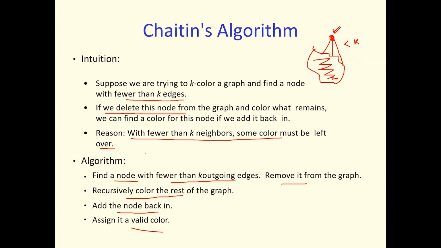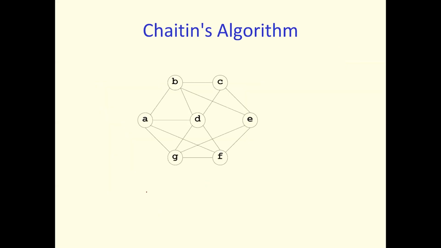As long as there is one node with fewer than k neighbors, we can continue. The problem is, what if none of the nodes have fewer than k edges? You can see that this algorithm is not able to handle those graphs, and therefore we have not really solved the graph coloring problem. So that is the case where we have to be a little bit more innovative.